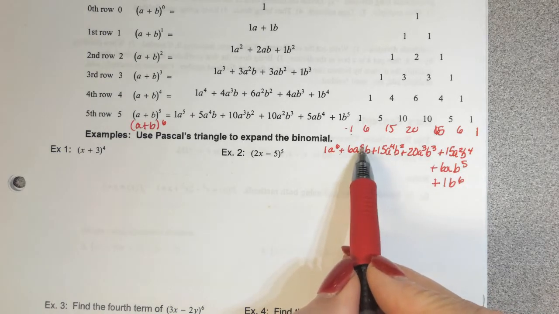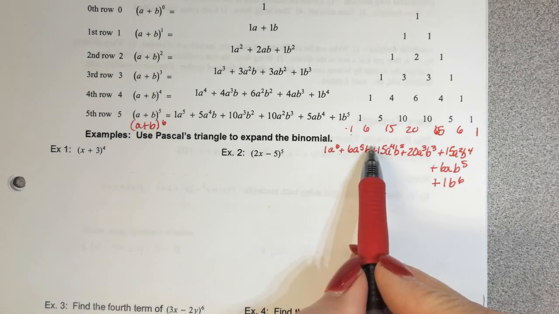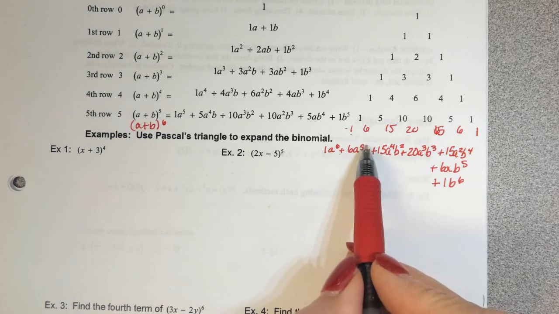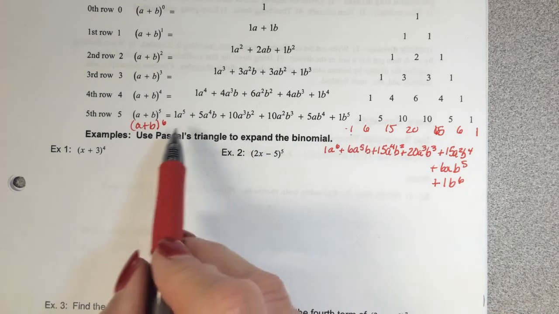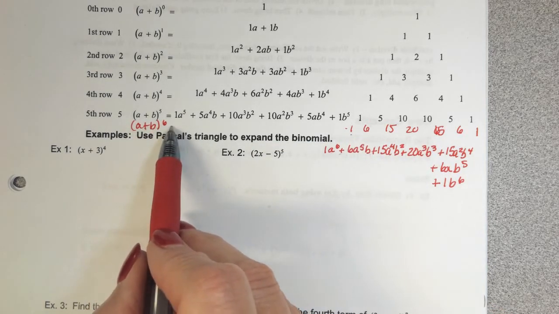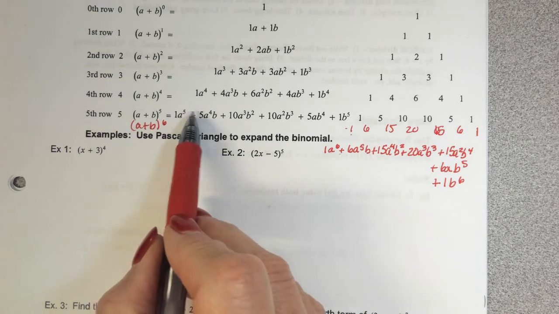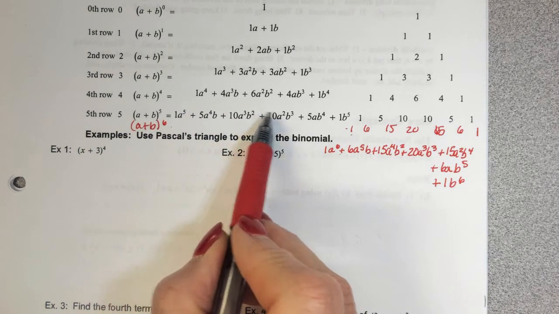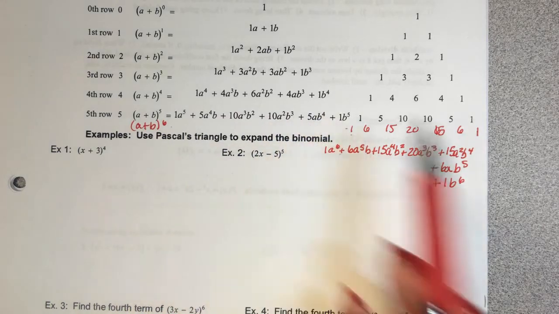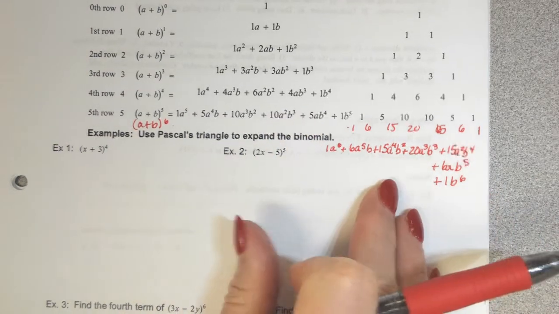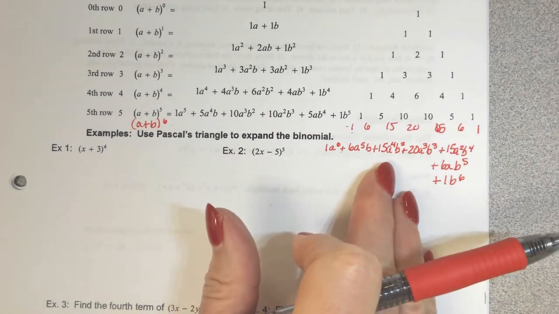What do you notice about the sum of these exponents on every term? They have to add to be 6. And we're doing a plus b to the 6th power, right? In the 5th row, what do all the exponents add up to equal? 5, okay? So those are some patterns that can help you on this.